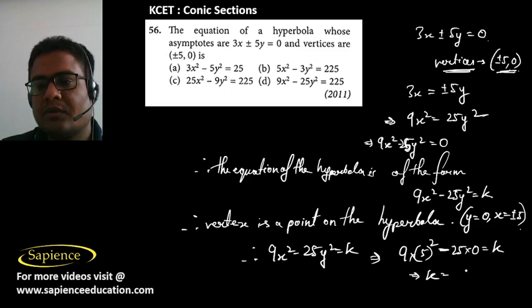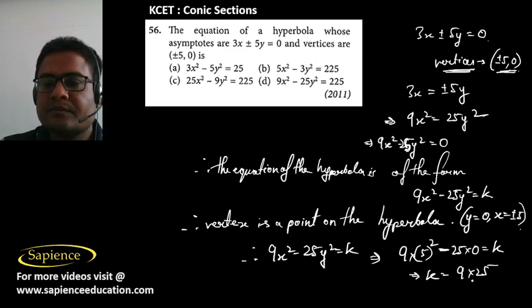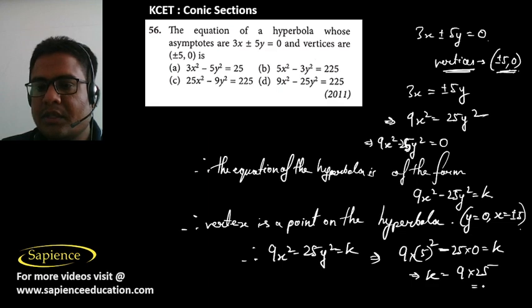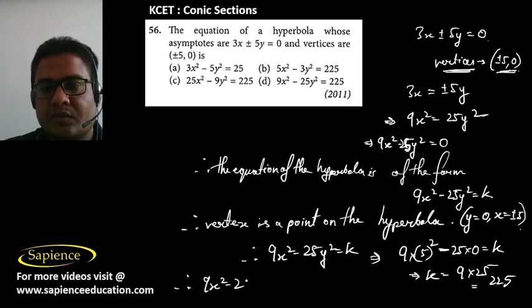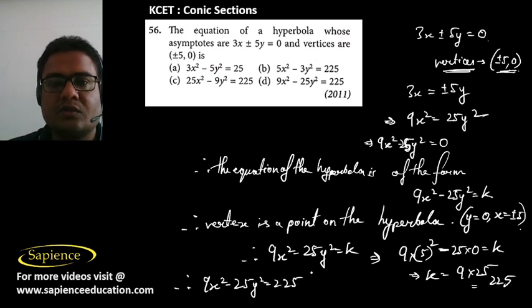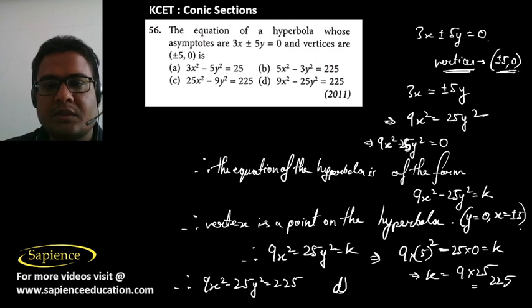So then k will be equal to 9 into 25, which will be equal to 225. So therefore 9x square minus 25y square equal to 225 is the equation of the hyperbola. So option D is the correct answer.